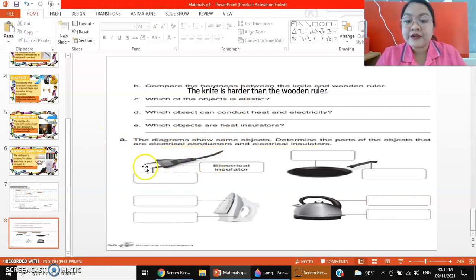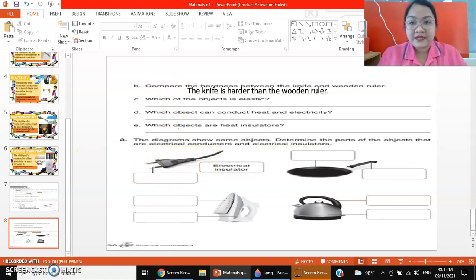So for example, number 1, we have here a plug. So what are the materials of a plug? We have rubber and metal. So we write electrical insulator on the rubber part because rubber does not allow electricity and heat to pass through it.